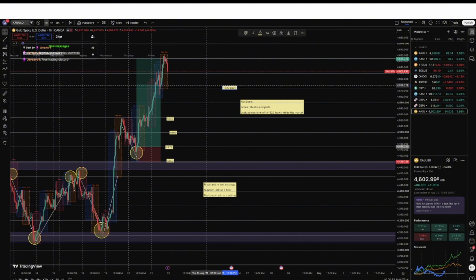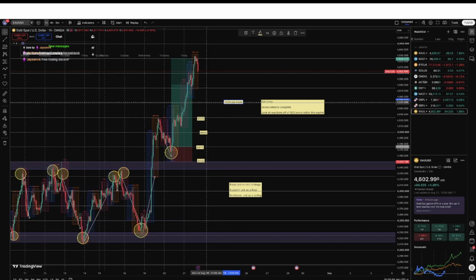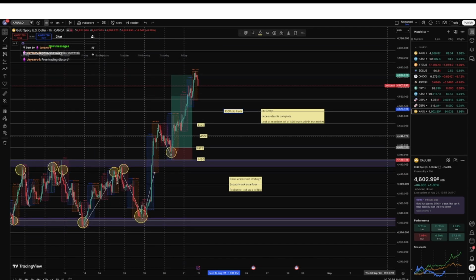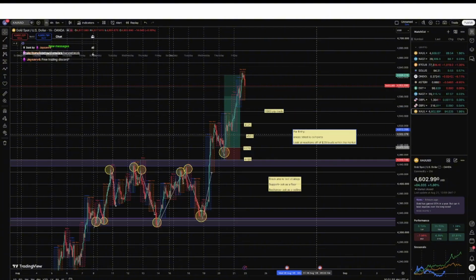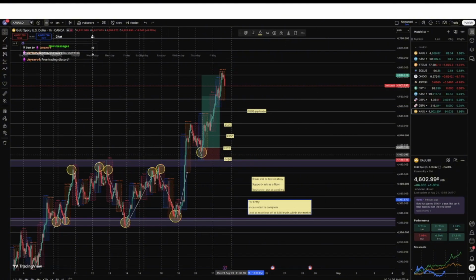And you would have been able to catch this trade within this market by simply using support, resistance, and then for your entry, looking for rejections and reactions off of quarter point levels.